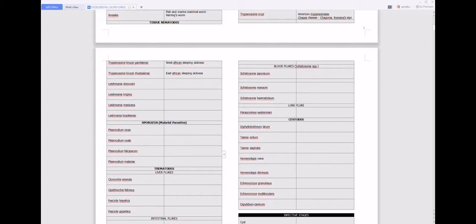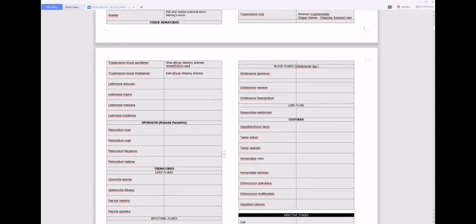And Trypanosoma gambiense can present with Winterbottom sign. So Winterbottom sign is like a very large inflammation sa under your ear or sa likod ng iyong nape. Okay? Winterbottom sign.